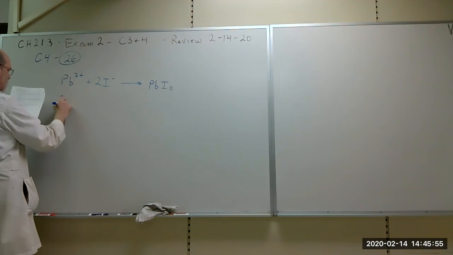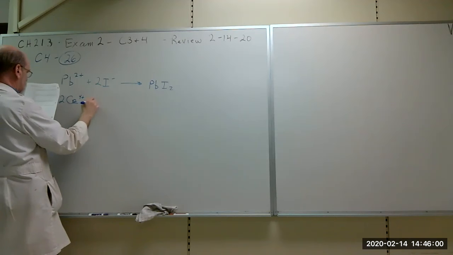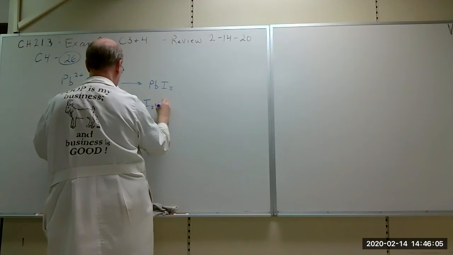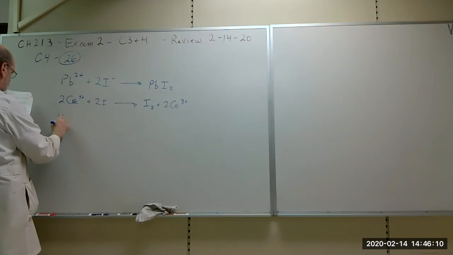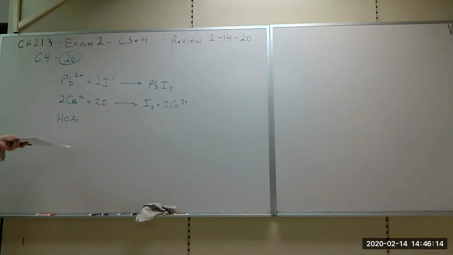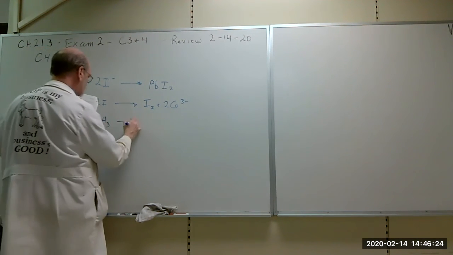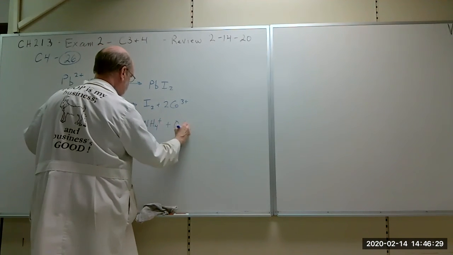Okay, that one. This one is cerium 4 plus 2 iodide yields I2 plus 2 Ce3+. And this one, HOAc. What is HOAc? It's an abbreviation for acetic acid. Plus ammonia yields ammonium plus OAc minus.